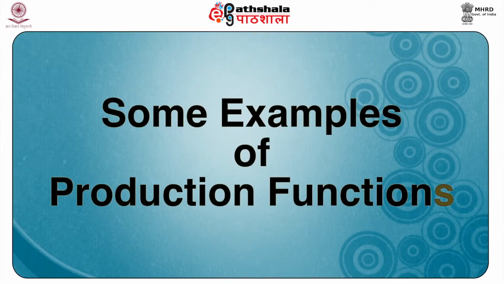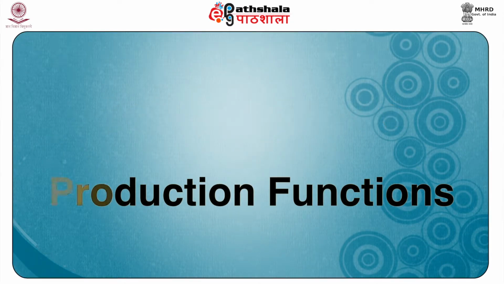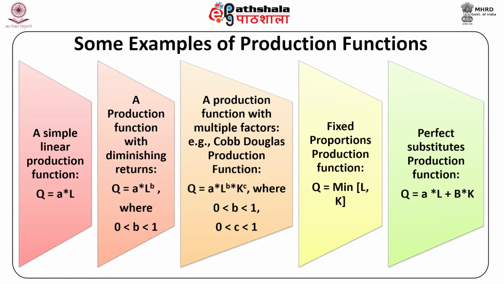Next are some examples of production functions. There can be varied forms of production functions. Some examples are the following. A, a simple linear production function, Q is equal to A star L. B, a production function with diminishing returns, Q is equal to A star L^B, where 0 is less than B less than 1.